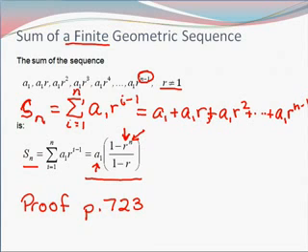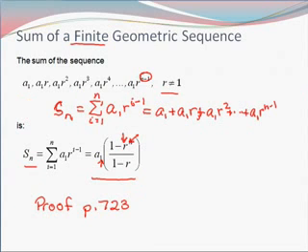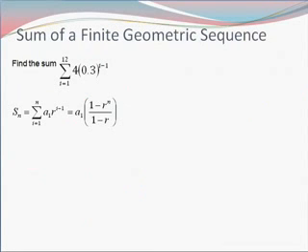Let's go ahead and do an example working with the formula. Here we've got the sum from i equals 1 to 12, remember, we're working finite right now, of 4 times 0.3 to the i minus 1 power. If we expand this out, you'll see that your first term is 4 times 0.3 to the 0 power.